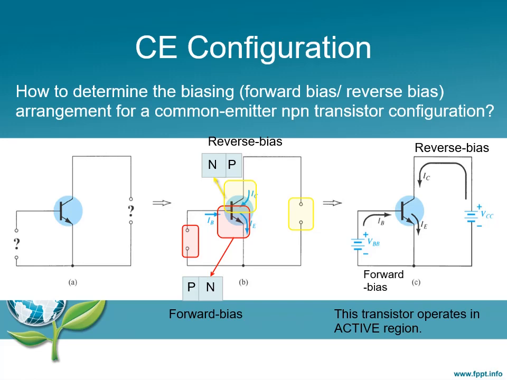So we apply positive VBB at the PN junction and positive VCC at the NP junction to get forward and reverse bias. When we have this kind of biasing, it means that this transistor operates in the active region.